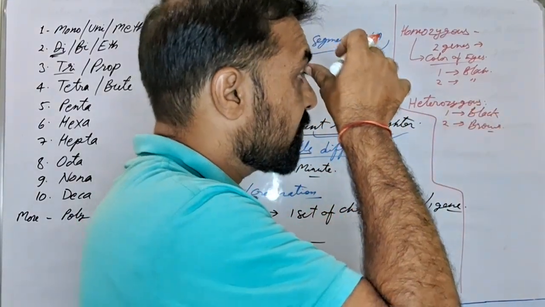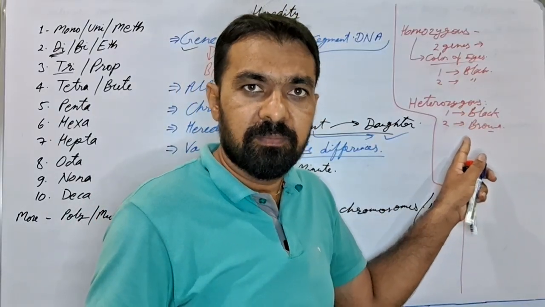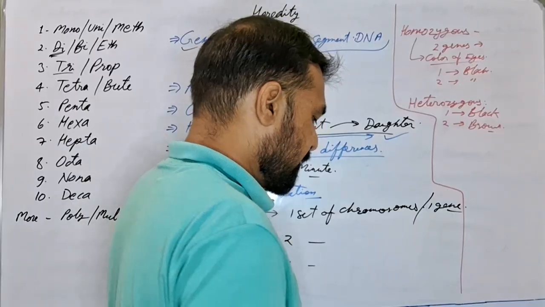Heterozygosity is basically the situation in which both the genes which are controlling one specific feature, they control the feature in different manners.